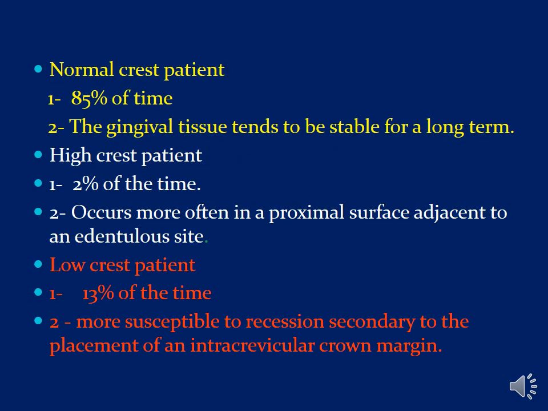Normal crest patients we can find in approximately 85% of patients, thank God, and the gingival tissue tends to be stable for a long time in this case with any type of appliance, with the prosthetic crown. These are always the lucky patients.